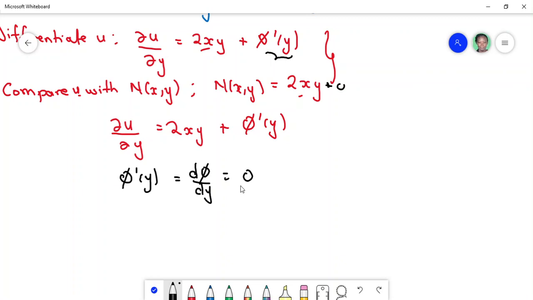0. And if we want to find the constant function phi of y, if it's a derivative, then you integrate. The question you ask yourself is, what function will you differentiate to get 0?